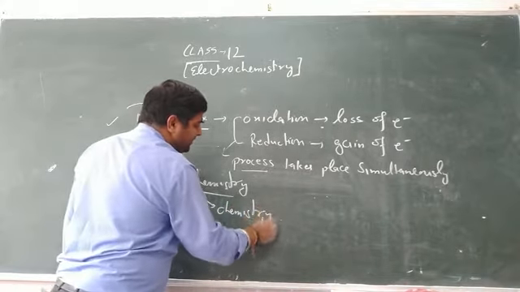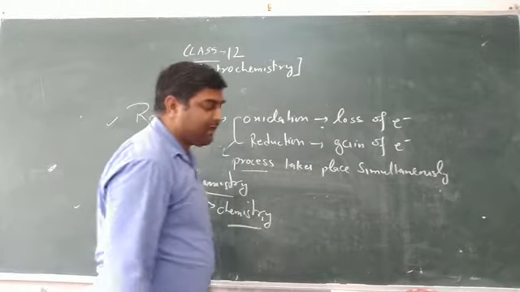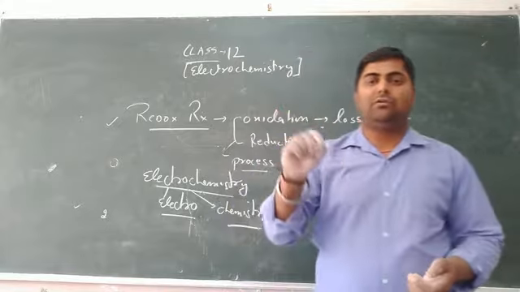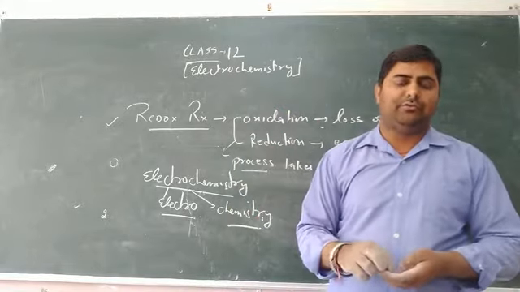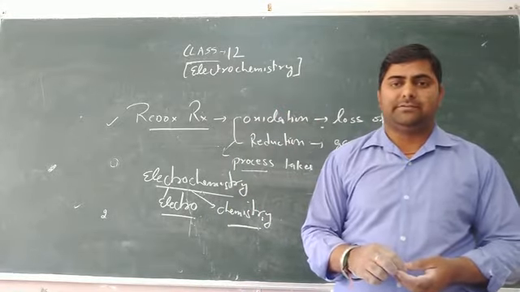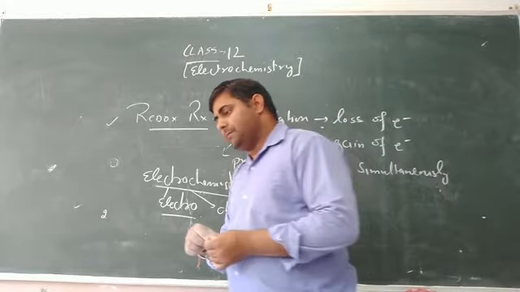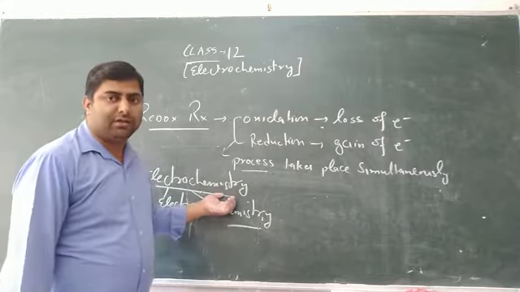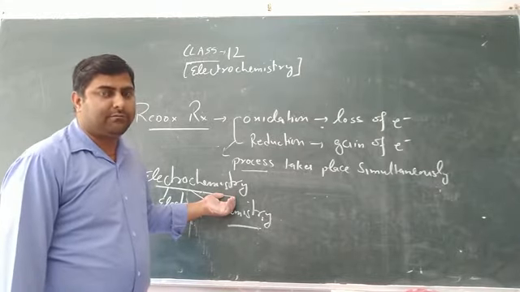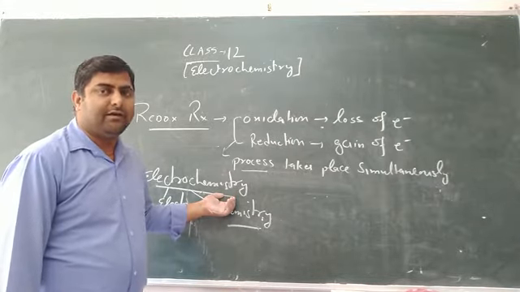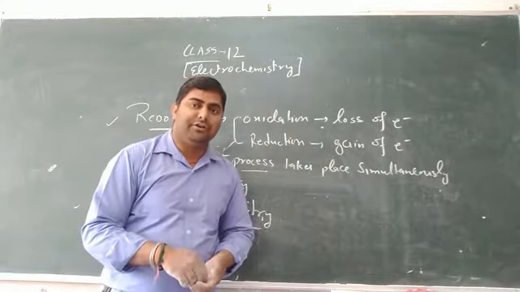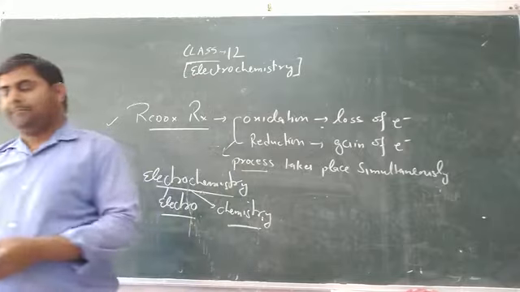So electrochemistry is a branch of chemistry which deals with conversion of chemical energy into electrical energy. It is a branch of chemistry which deals with production of electricity or relation between electricity and the redox reactions.